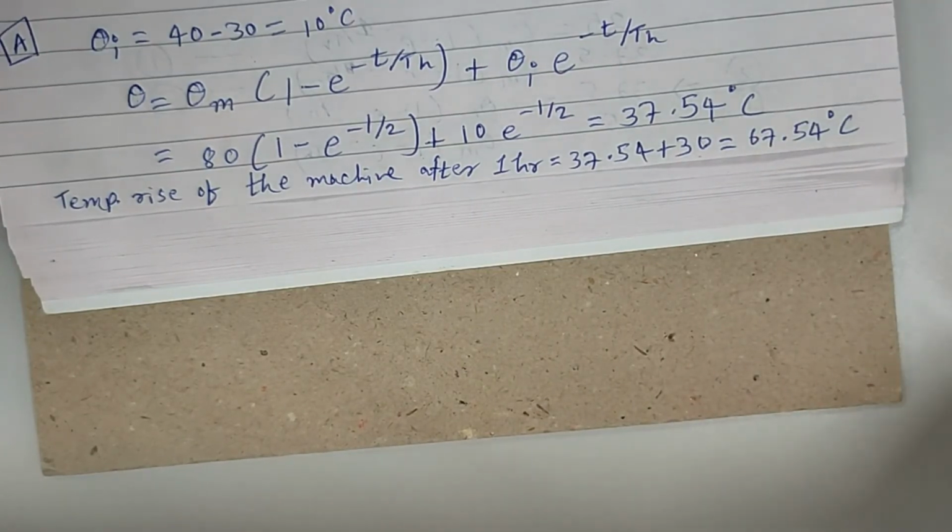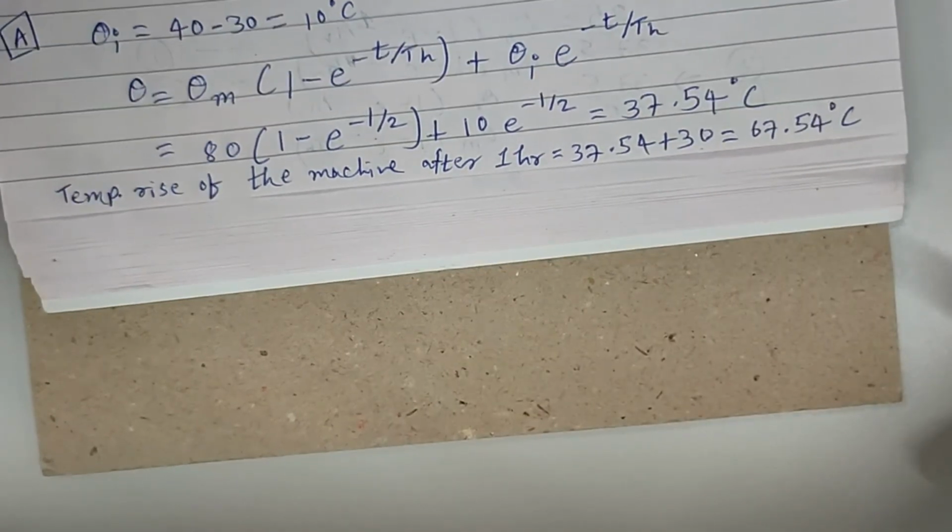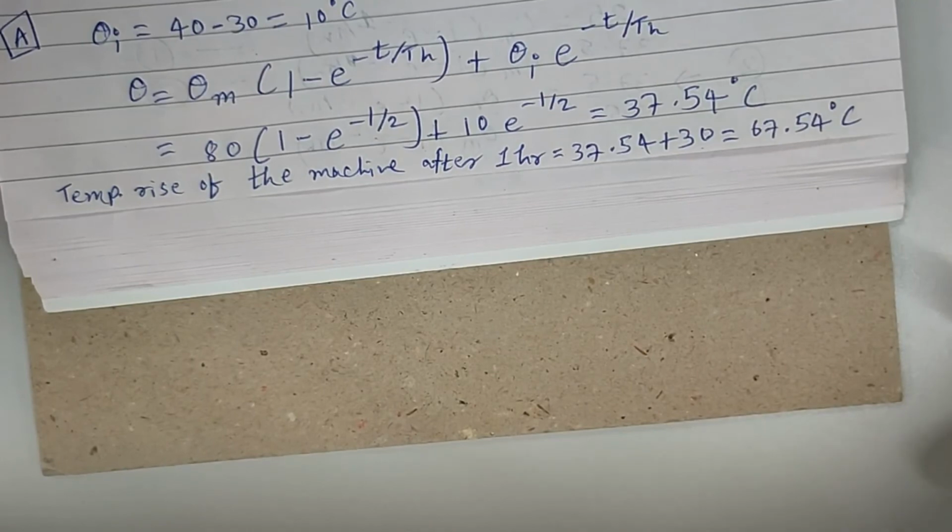So I hope you had a good learning session, and as I said, I would recommend you to solve these numericals, and I would again like to repeat that these numericals are taken from a book named A Course in Electrical Machine Design by the author A.K. Sawhney, Dhanpat Rai and Company Publications.